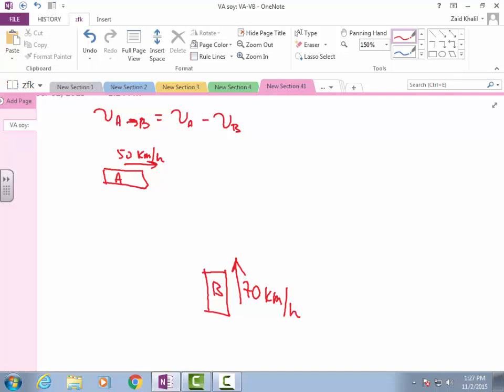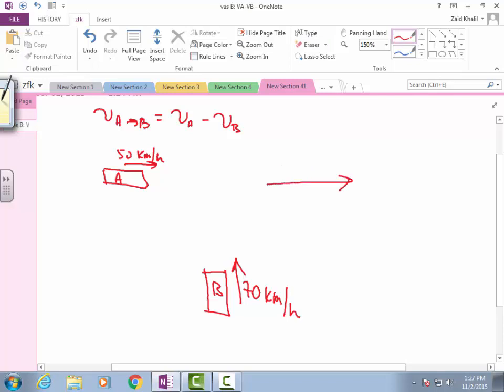So if B sees itself at rest, what does it see A doing? It sees A going to the right at what velocity? 50 meters per second, right? Or 50 kilometers per hour.